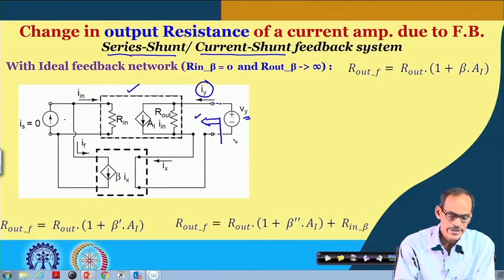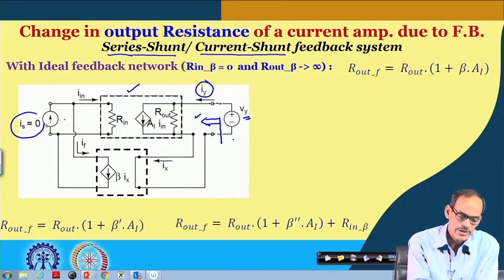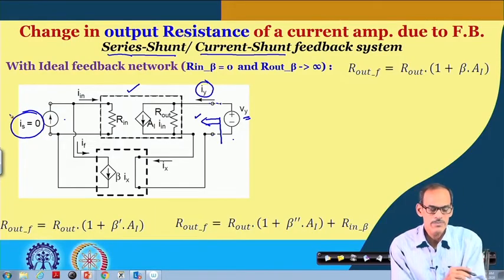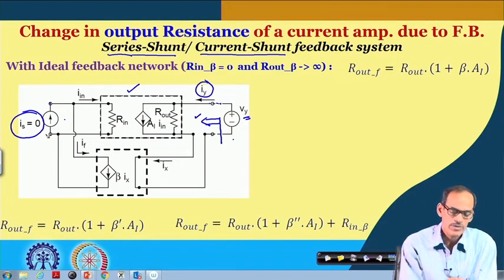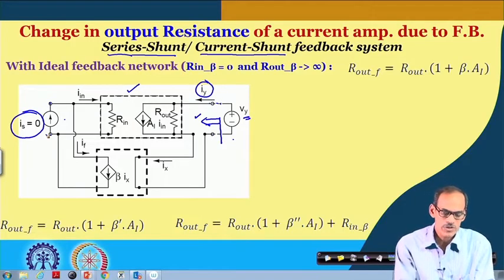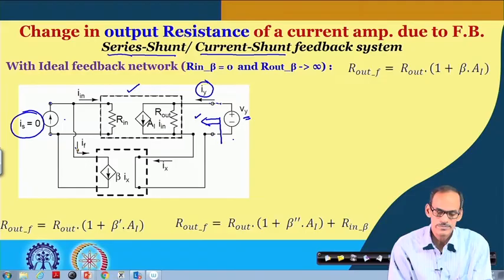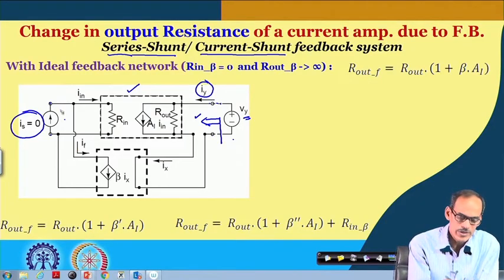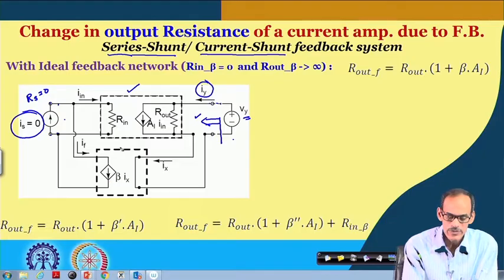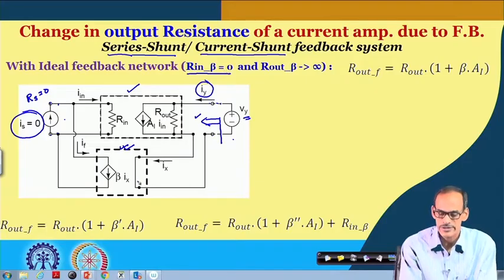While we are doing this exercise, we have to keep in mind that the signal here has to be made 0, but the port has to be kept in such a way that it supports whatever feedback connection we are making. So, in the ideal situation, I consider the source conductance to be 0, meaning the source resistance is 0, and the feedback network is also ideal, namely its input resistance is 0, so it will not create any problem while the current is getting sensed.